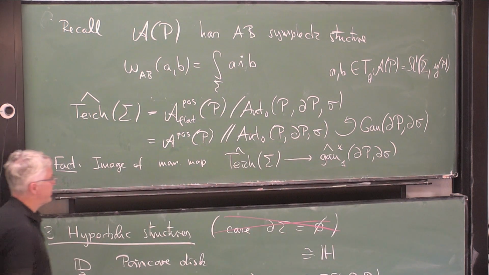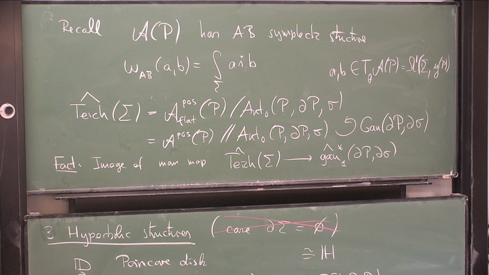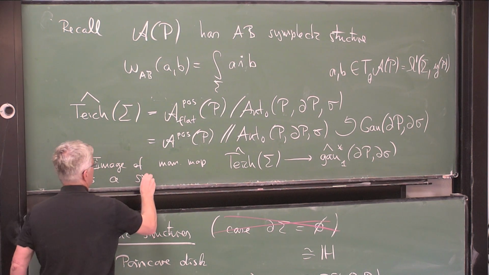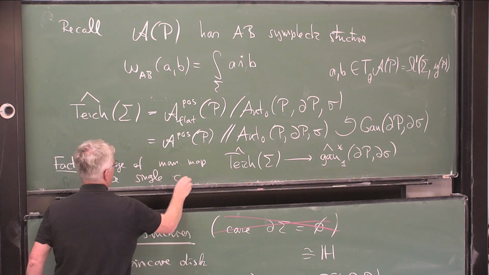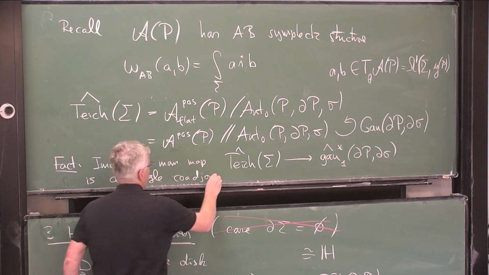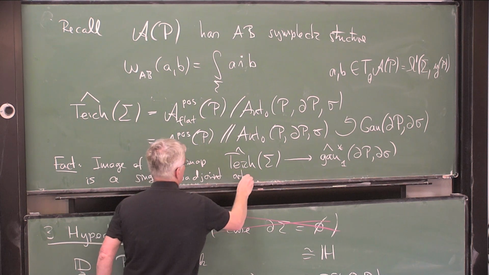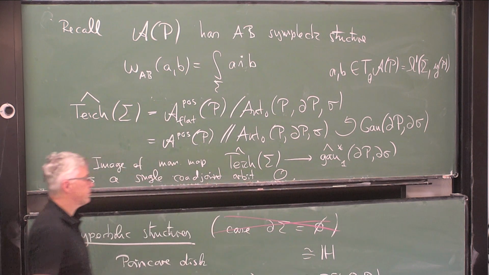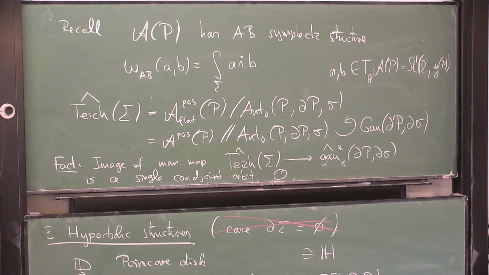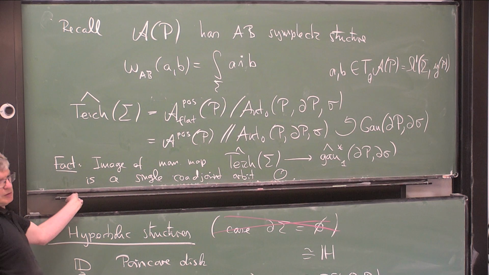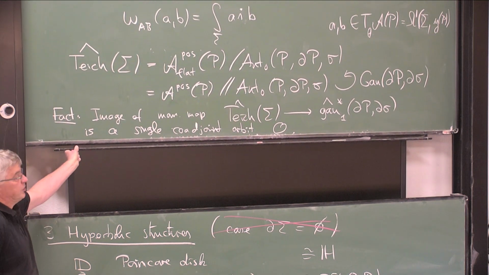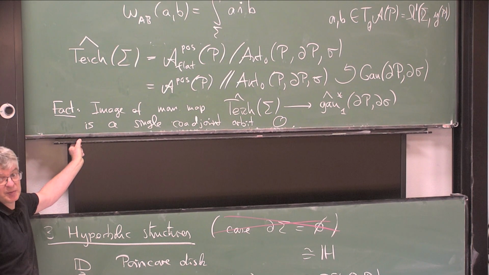So the image of this moment map is a single coadjoint orbit. I mean, something like that, of course, rarely happens, but here it happens. There's just one orbit in the image.